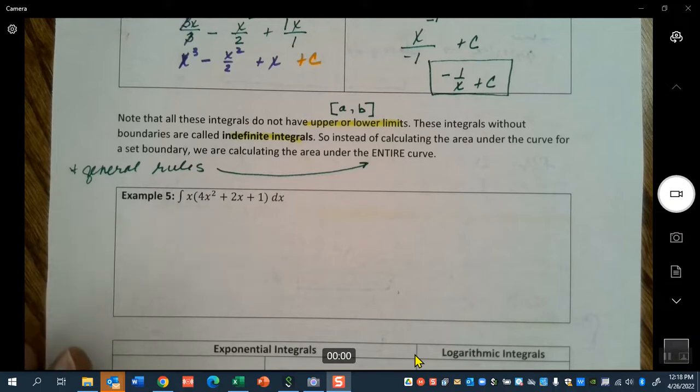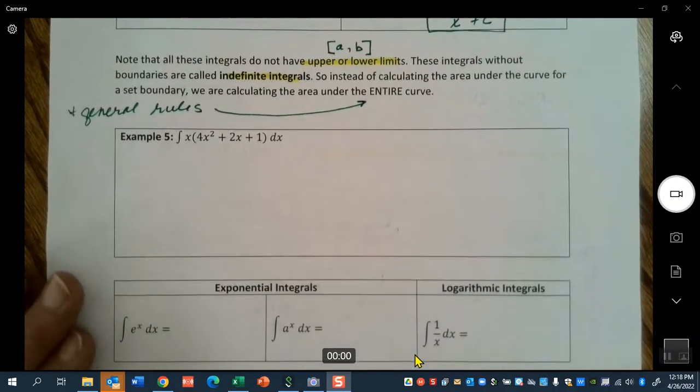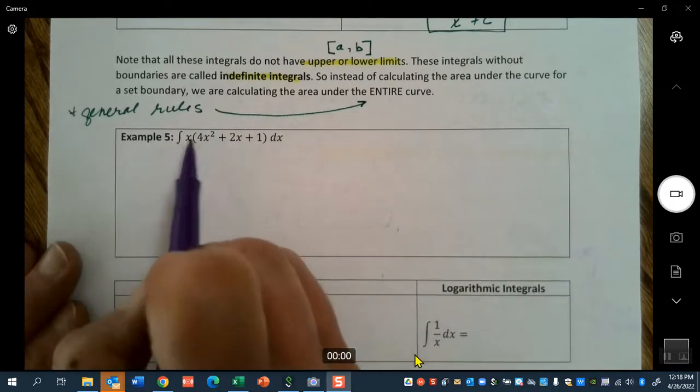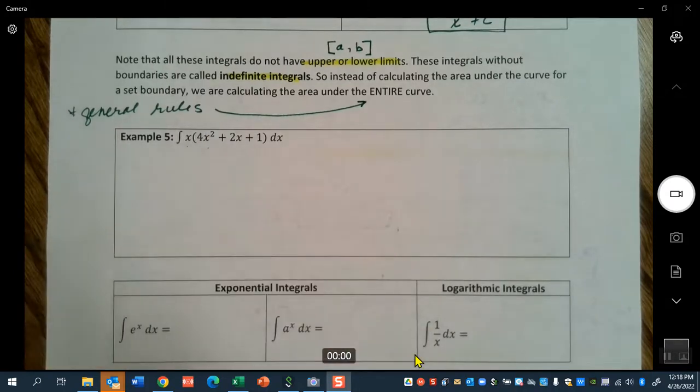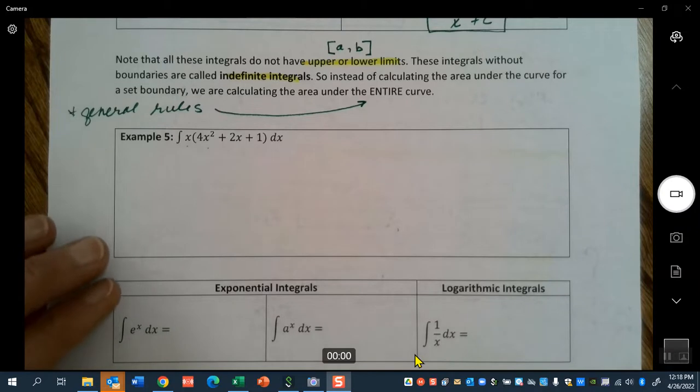All right, so let's take this next example, because what we're looking at here is some kind of multiplication. If we were taking the derivative of this, we'd be like, wait, that's the product rule. And we remember that that got pretty complicated when we had to do 1 times the derivative of the other plus the other times the derivative of, and then we can be like, oh wait, maybe we can simplify this expression first.